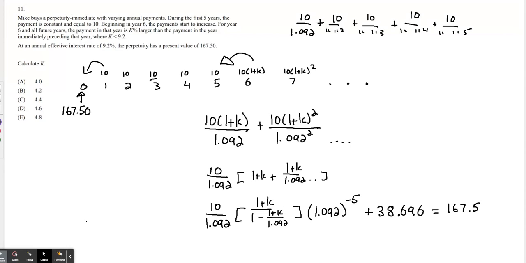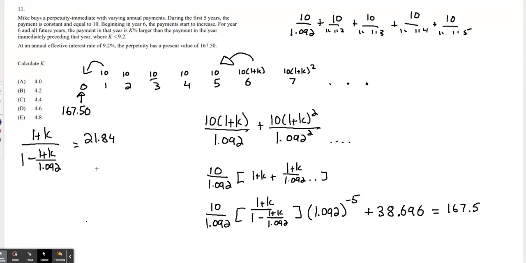I'm going to say 167.5 minus 38.696, divided by 1.092 to the negative 5, times 1.092, and then divide that by 10. So we get something cool. We get 1 plus k all over 1 minus (1 plus k) over 1.092 equals 21.84.